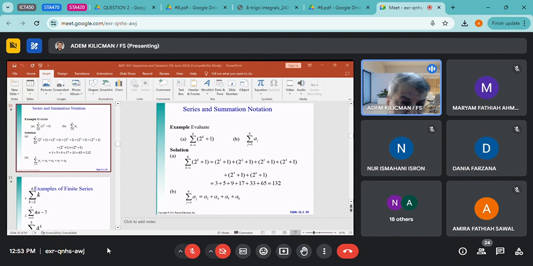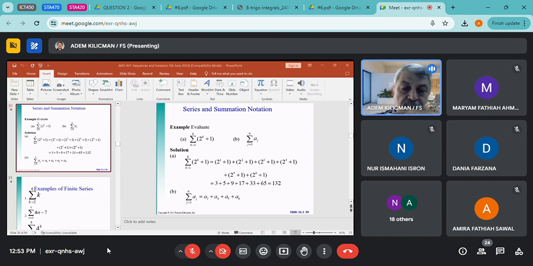The second one is that at that time we replace k with 2, 2 to the power 2 plus 1, plus k equals 3, 2 to the power 3 plus 1, and plus 2 to the power 4 plus 1 and so on. You can see here we are adding, meaning that k starts with 1 until 6, all together, and we sum up all together. You will see this number.